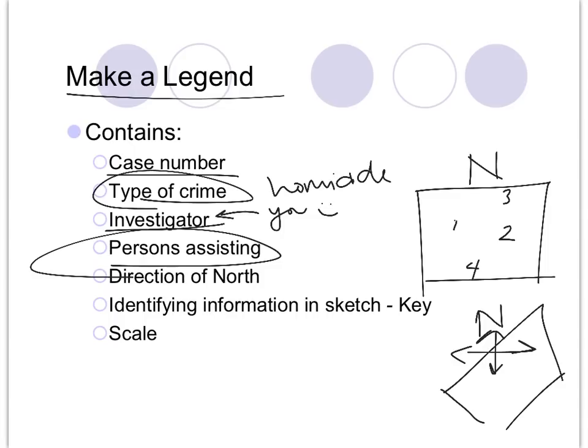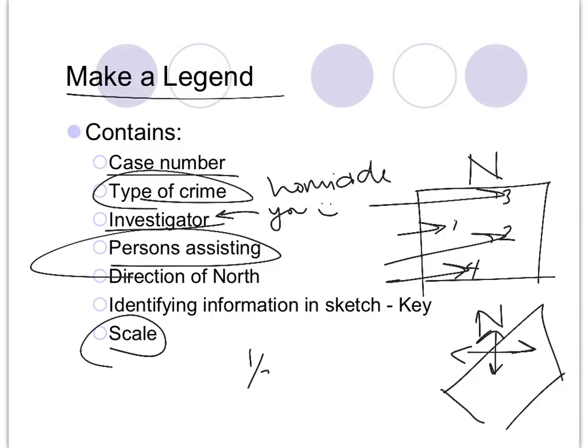You would want to indicate all that in a legend showing what numbers 1, 2, 3, and 4 really are. And then also a scale. So if in your scale, you have a small room and you make half an inch equal to 1 foot, you would want to indicate that on your legend as well.